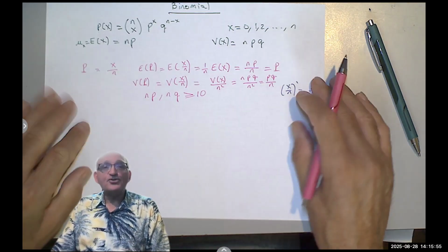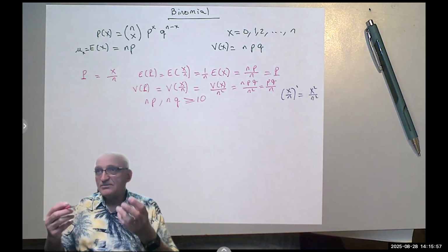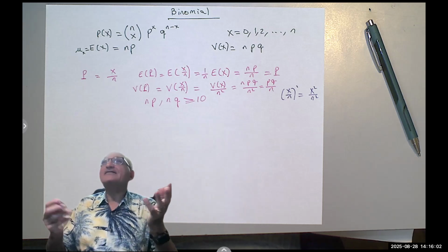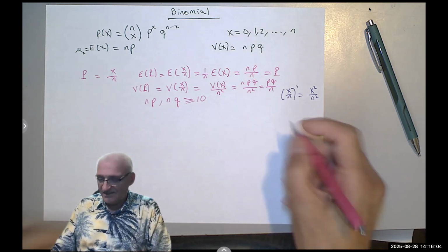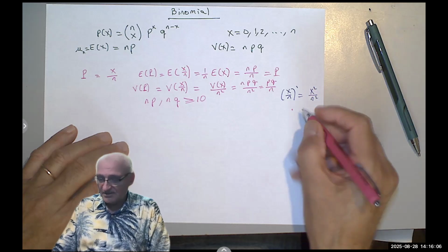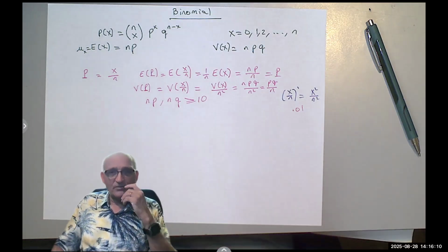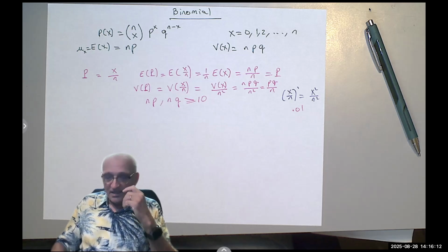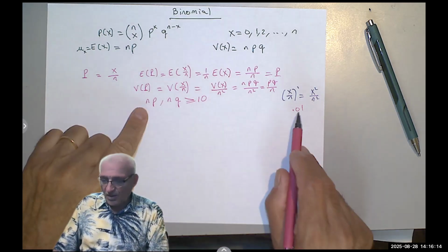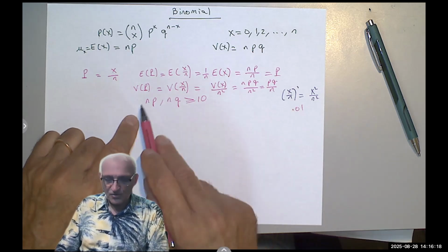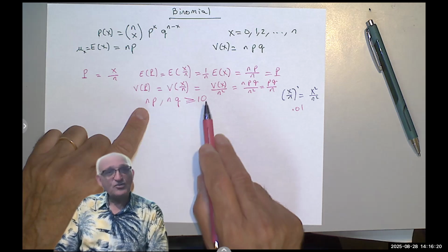But if that was a production line and you want to see the proportion of defective parts, and you expect that the defectives are, even if it's not that good, at least 1%. This is high, but let's assume it's 1% defective. Then you want to say 1% or 99%, n times 99%, or n times 1% has to be greater than 10.